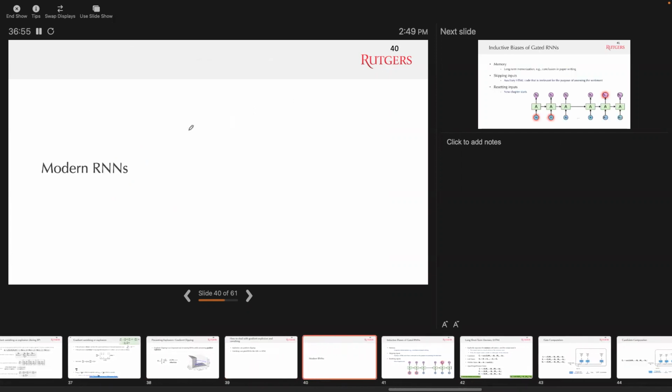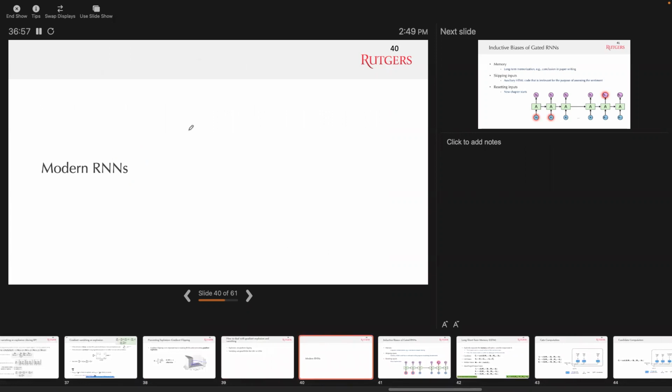So modern RNNs, like the long short-term memory model or gated recurrent units. The key motivation is to make the recurrent network easier to train, and concretely we want to lower the risk of gradient explosion and gradient vanishing.